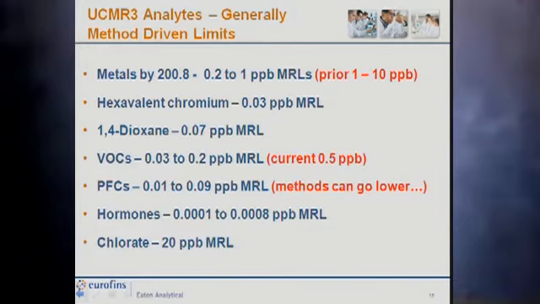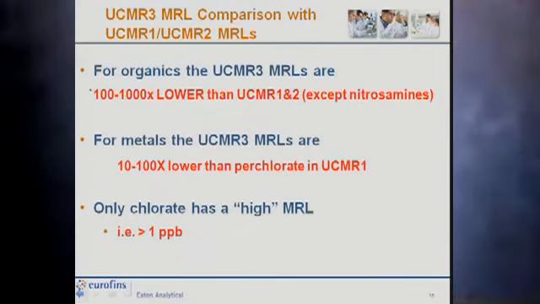The hormones, we're looking at incredibly low levels, down at 0.1 part per trillion for testosterone, and then chloride, as I said earlier, is the odd man out at 20 ppb.